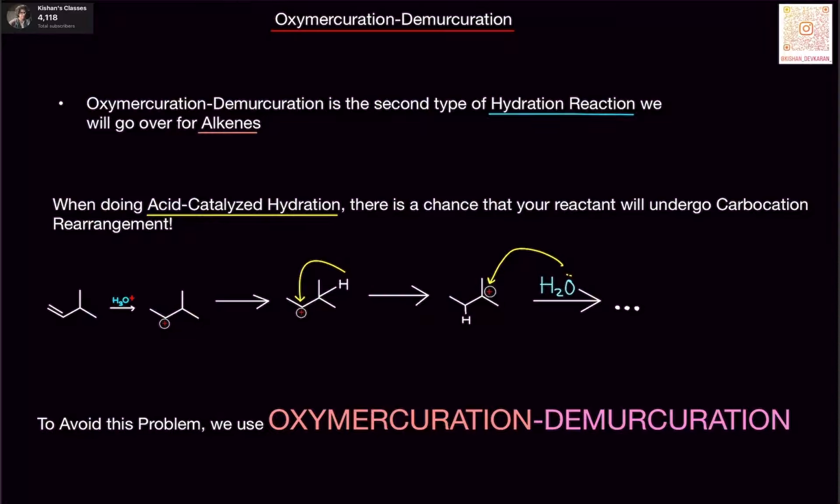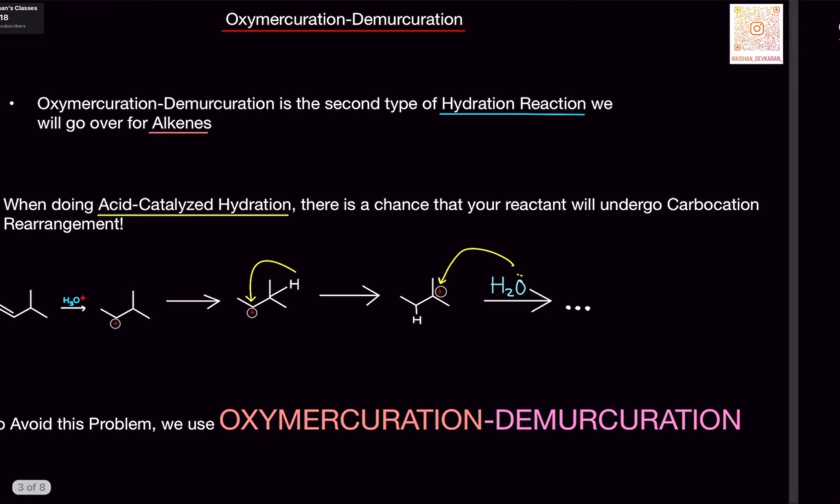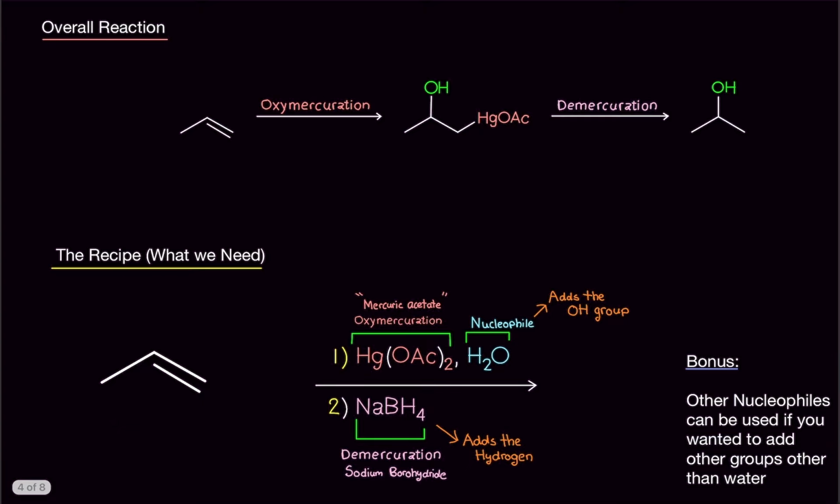Oxymercuration-Demercuration. What this mechanism does is avoid the carbocation rearrangement step by adding mercury and some other stuff. Here is the overall reaction. We have our alkene. The whole goal of Oxymercuration-Demercuration is a hydration reaction, so we're adding water across the double bond, which is no longer going to be a double bond.